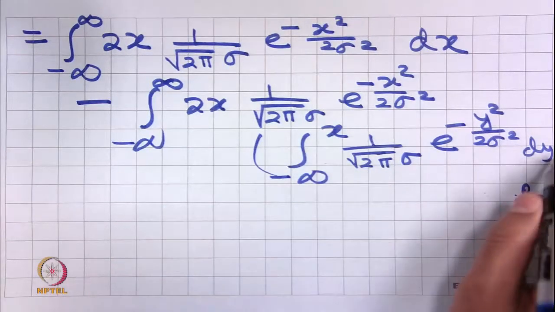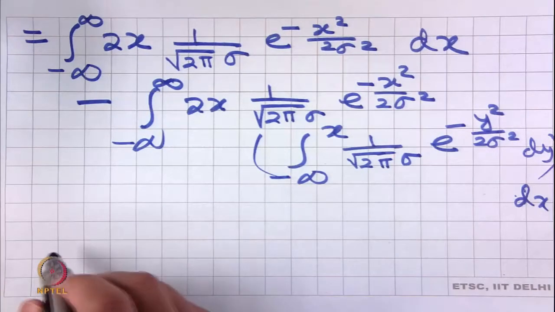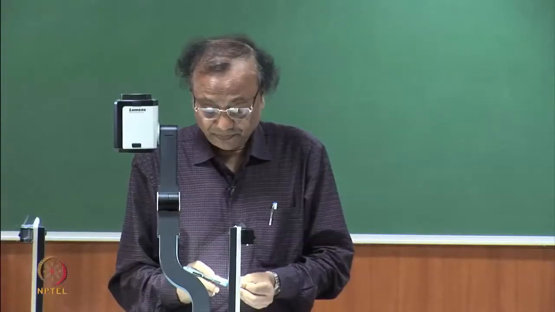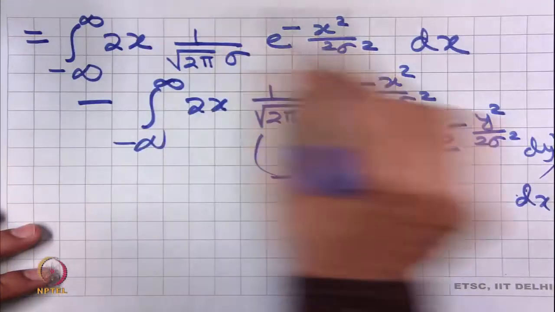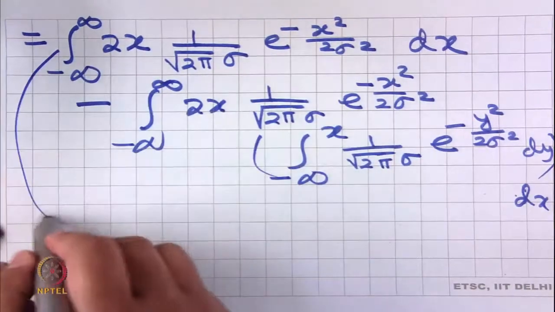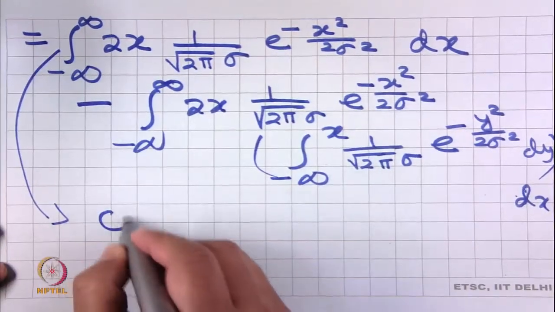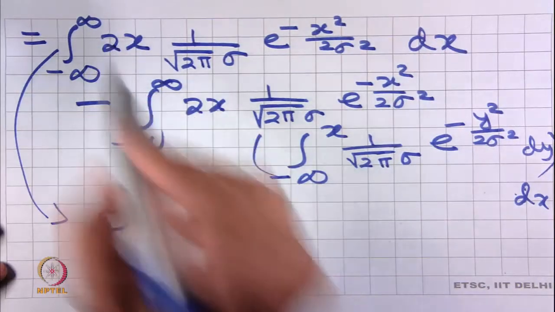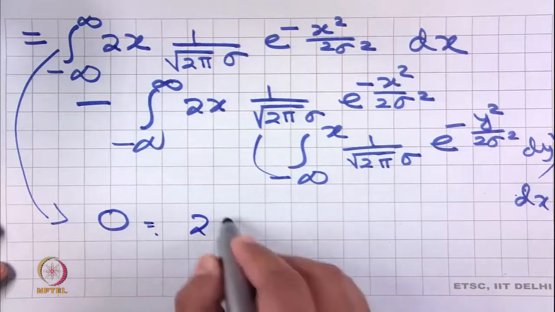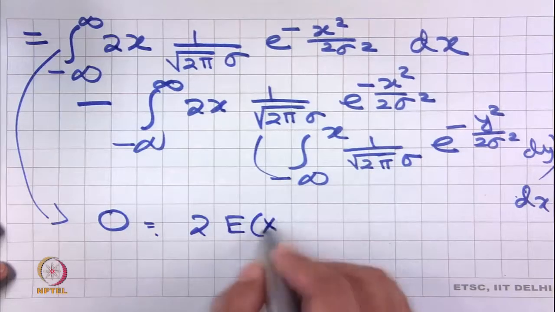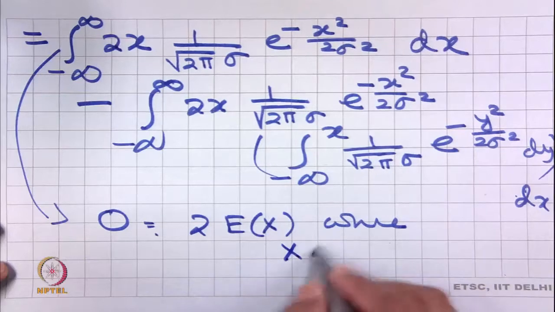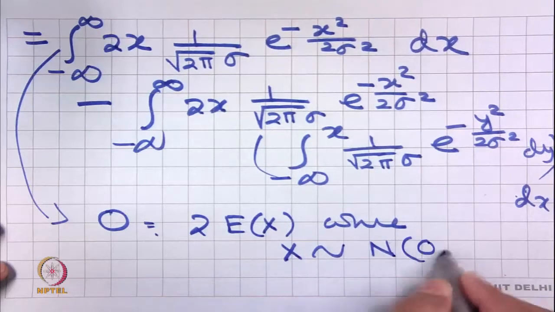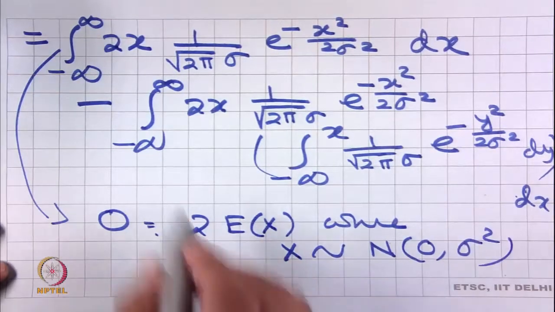So, now you understand how complicated this expression becomes. Although this part is very simple, because this part gives us 0. Why? Because this is 2 times expectation of x, where x is normal with 0 sigma square.